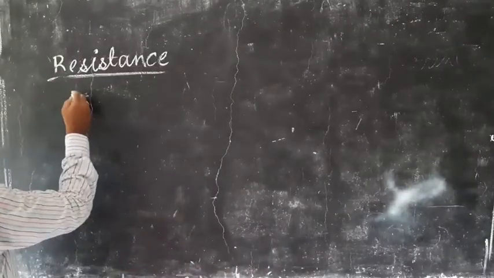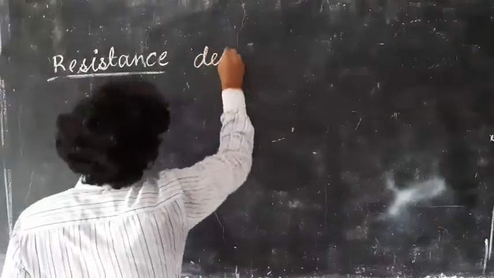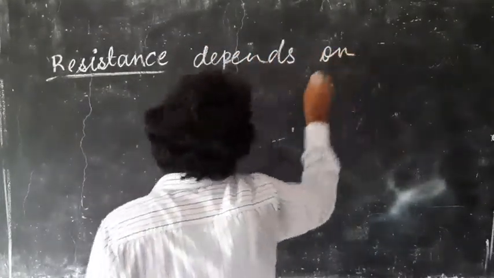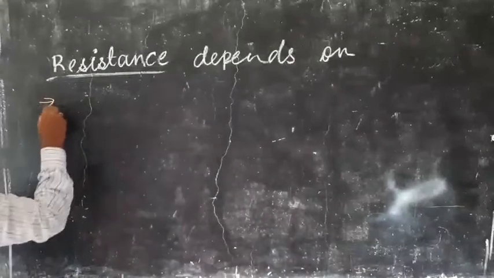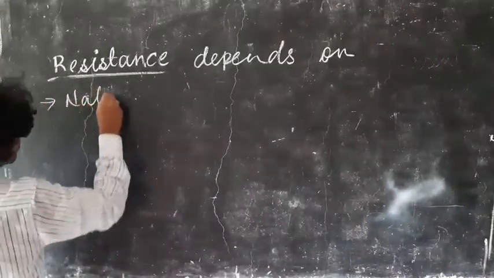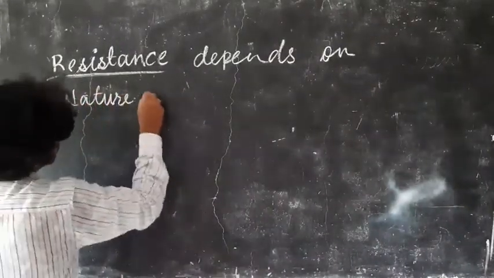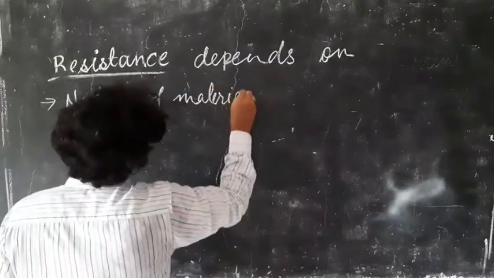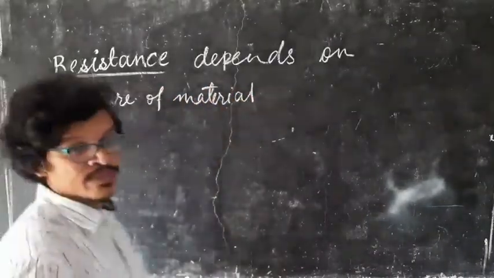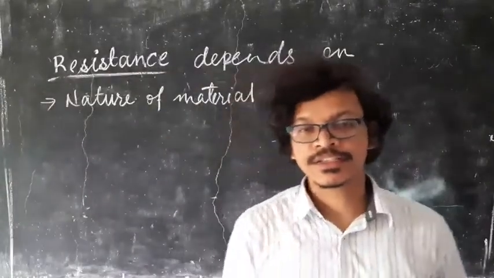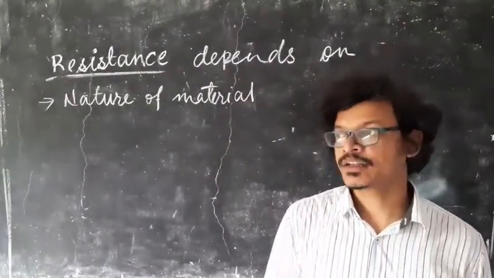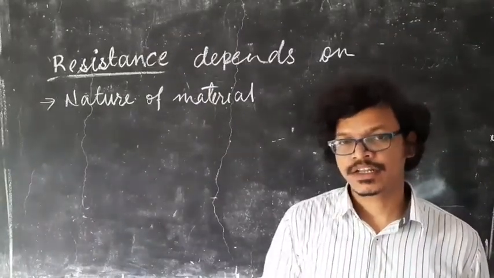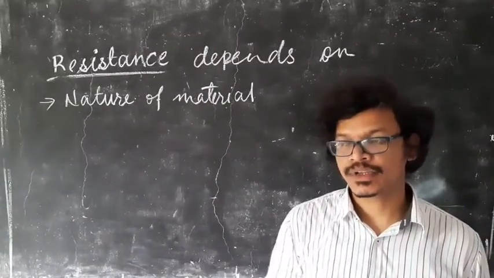So resistance depends on the type or nature of material. Generally metals are very good conductors. That means they offer very less resistance to the current.